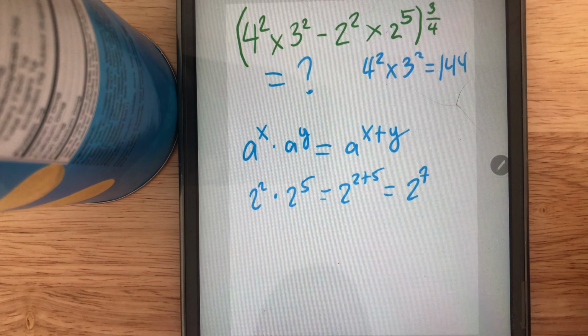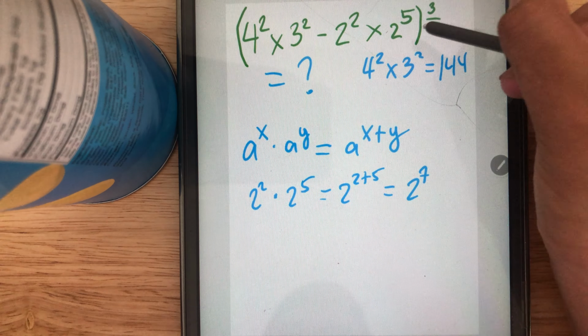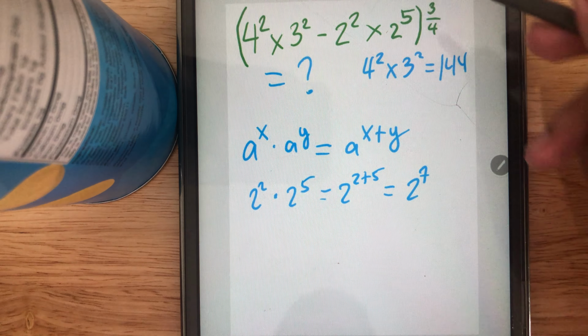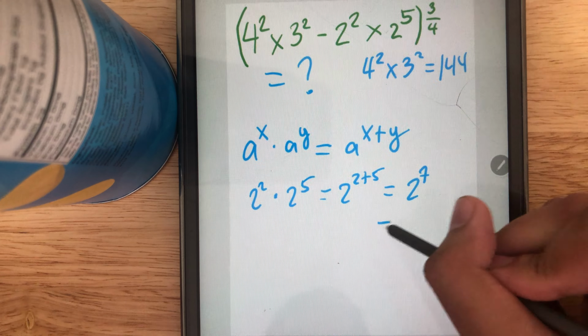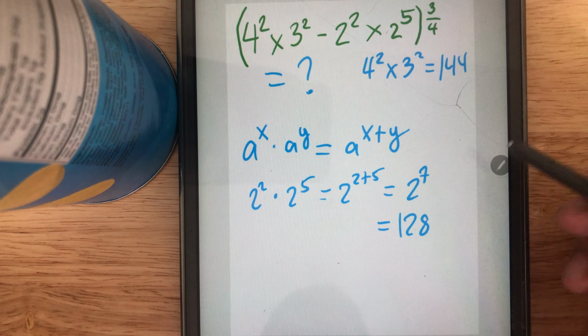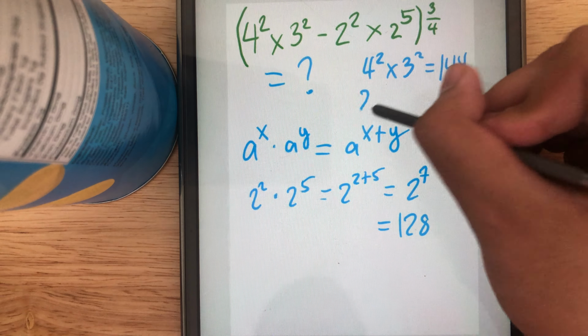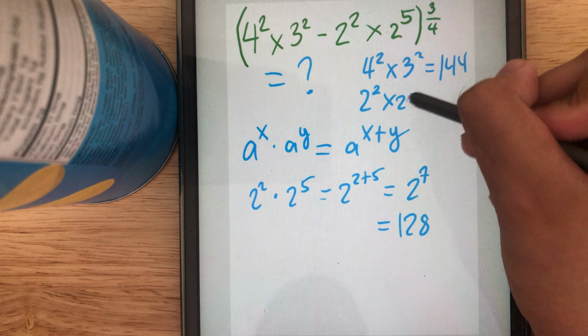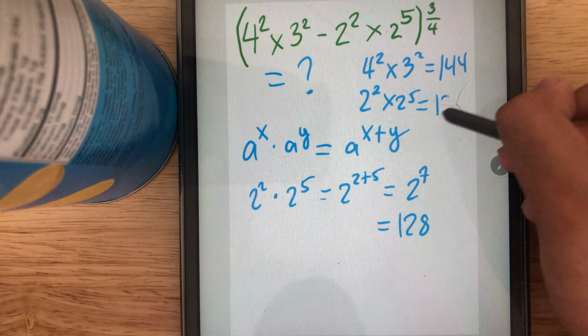And 2 power 7 can be 32 times 4. 32 is 2 power 5 and 2 power 2 is 4. It's equal to 128. So 2 squared times 2 power 5 is equal to 128.